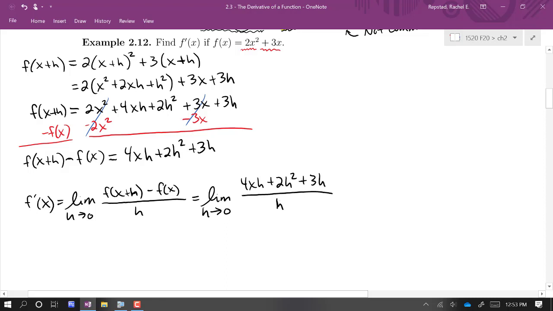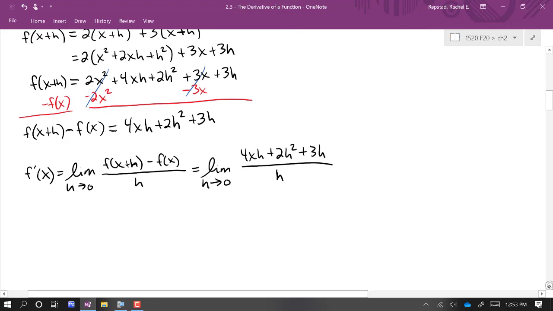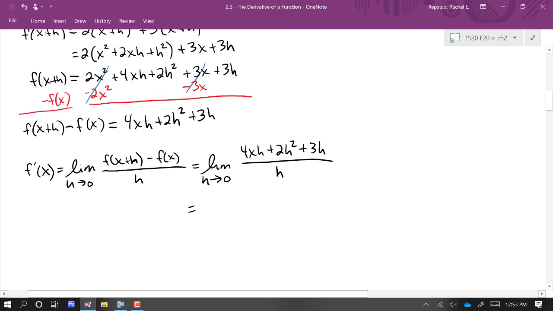I have to carry the limit all the way through. I have to do that right up until I let h be 0. Now I can't let h equal 0 at this point because I have a factor of h in the bottom. So, observing at the top here, every term has a factor of h. So I'm going to factor out an h.